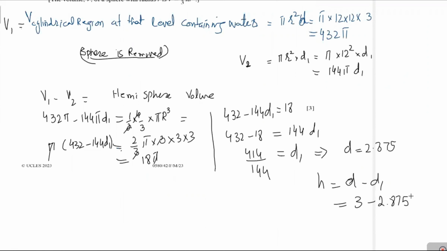Now we subtract from 3, we get 0.125, and we have to put the H equal to 0.125. This is the answer.